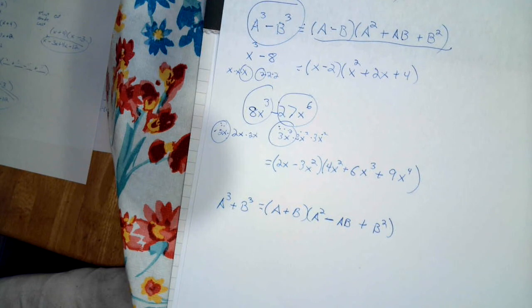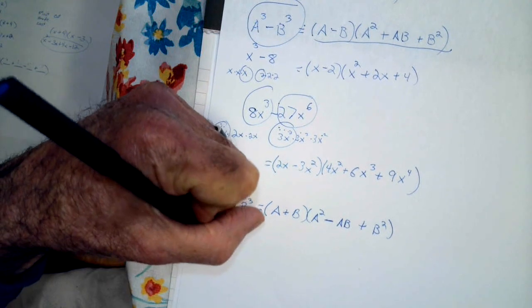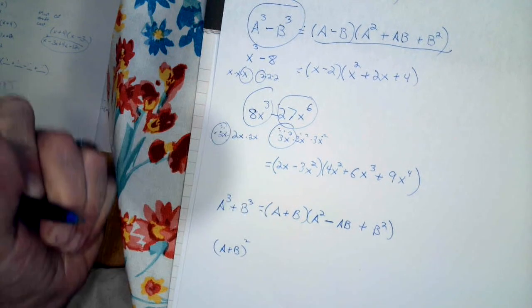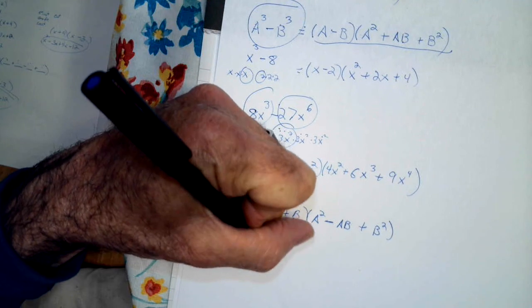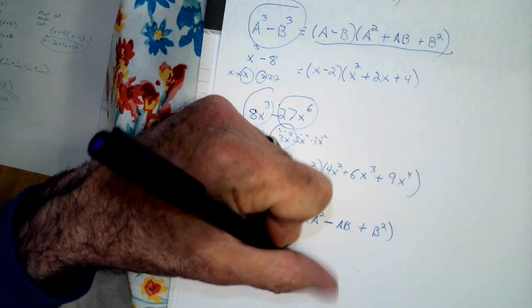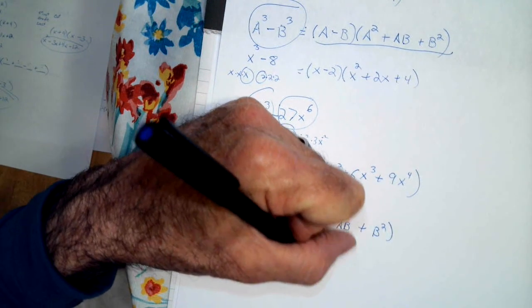The same way, one more: if you see something in this pattern, (a plus b) squared, that's going to be (a plus b) times (a plus b), right?